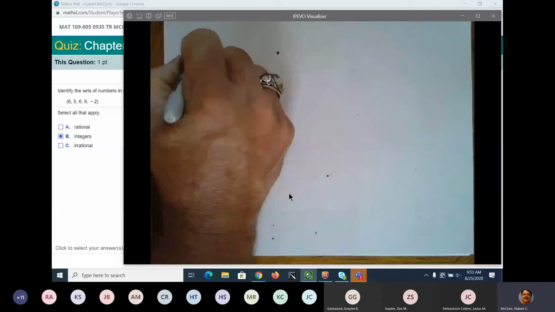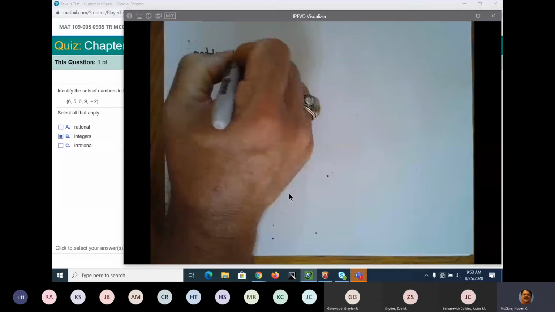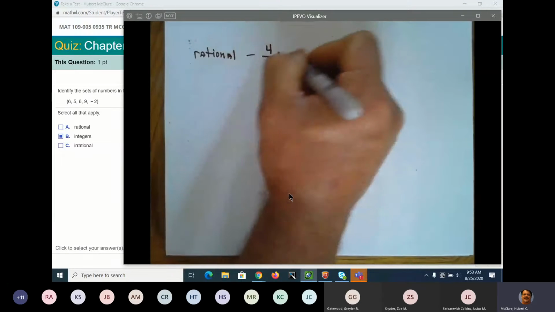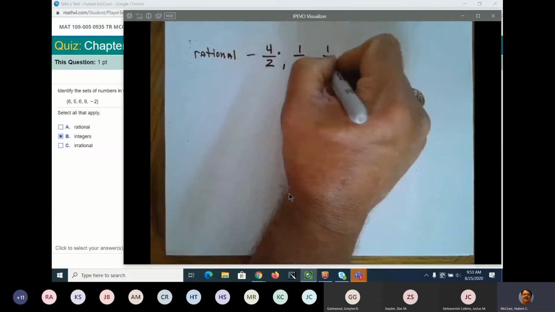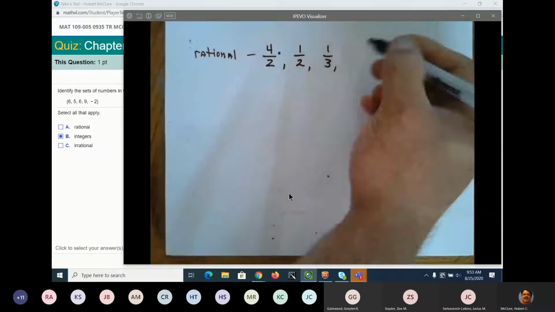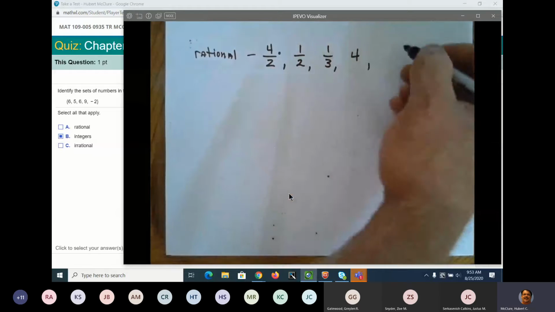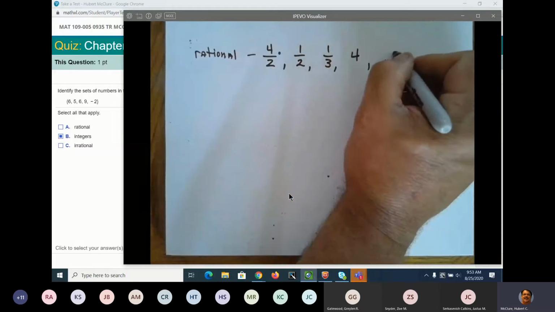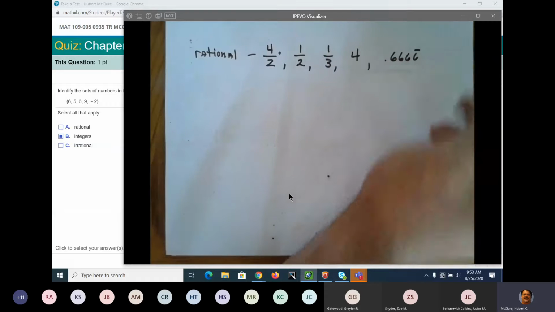I'm going to give you some examples of rational numbers, and I want somebody to tell me what they all have in common. 4 divided by 2, 1 divided by 2, 1 divided by 3, 4, and 0.6666 repeating. Those are all rational numbers.